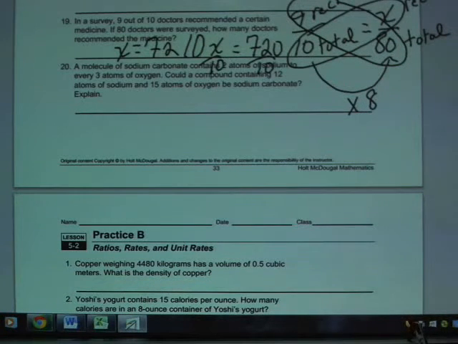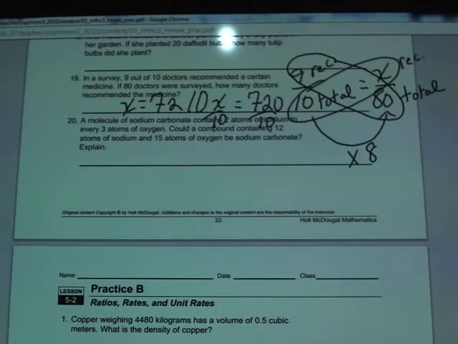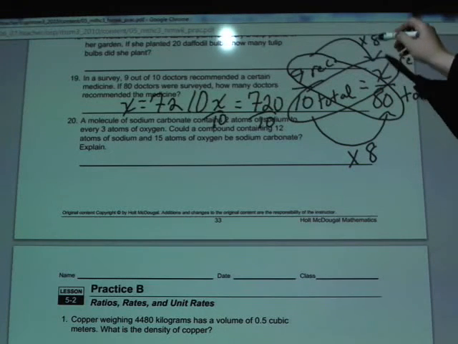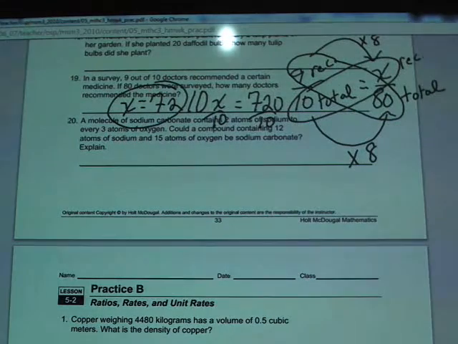So I have to do the exact same thing on the top, because that's the only way it's a proportion. So I say, okay, I'm going to multiply by 8 in the same way on the top. Well, 9 times 8 is, no surprise to you, 72. So 72 doctors, no matter which way we put this together, recommended the medicine.